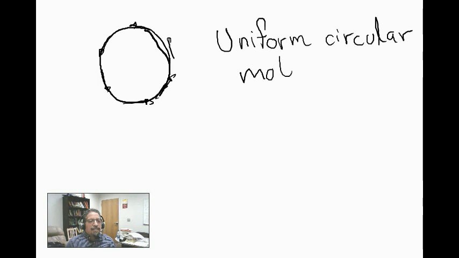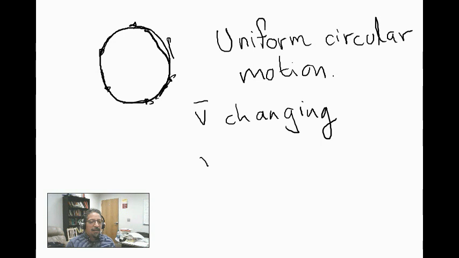And in this system, the velocity is changing because it's a vector and changes direction. The magnitude of velocity is not changing. We take that as a statement of what's happening.